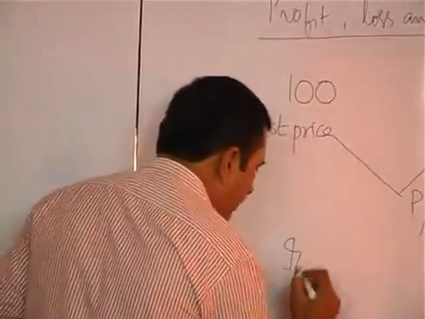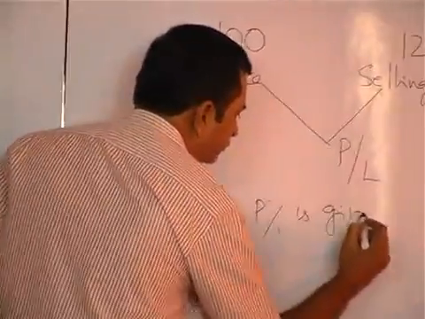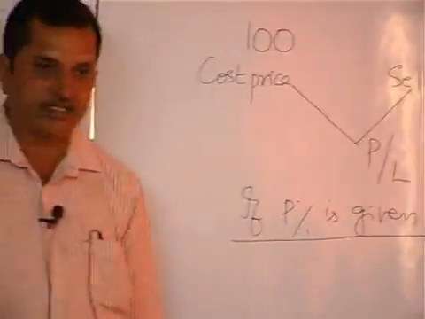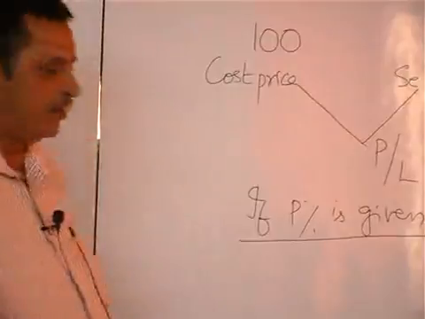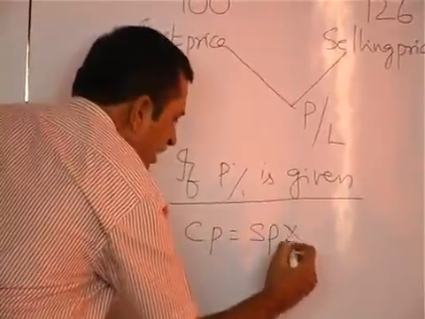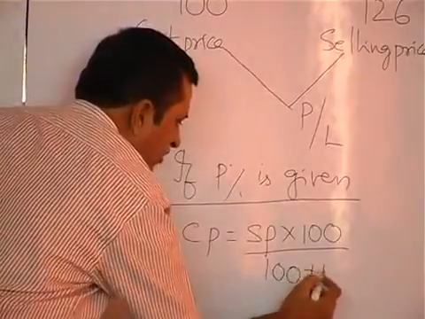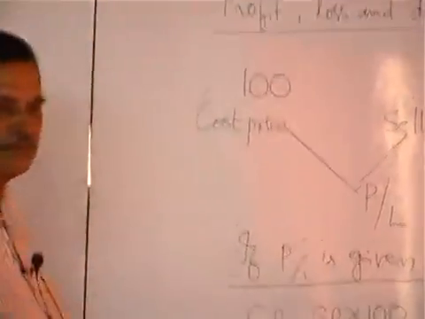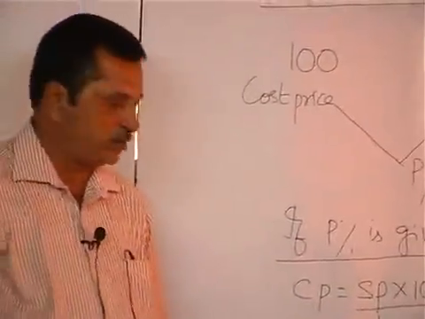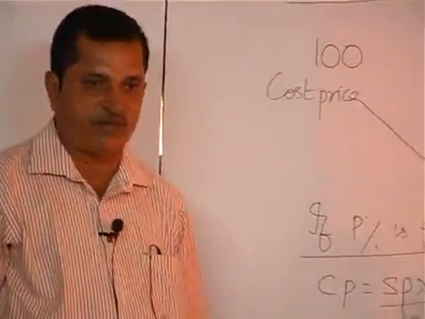Other formulae: if profit percent is given in the problem, the formula for cost price is equal to selling price into 100 by 100 plus profit percent.